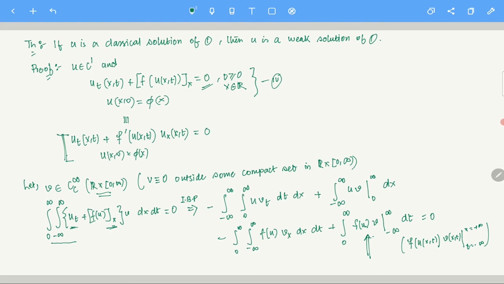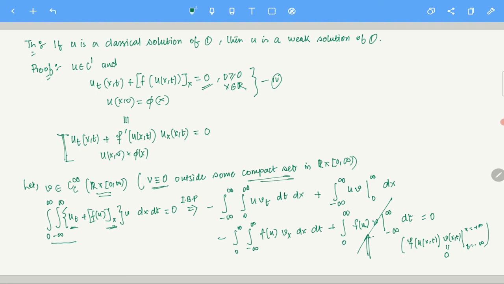That is not our case, but I know that v has a compact support, so v is 0 outside a compact set. So as x goes to plus or minus infinity, this term goes to 0. Of course it is 0, so this term is gone. I hope this is clear. v has a compact support means v is 0 outside some compact set, right?